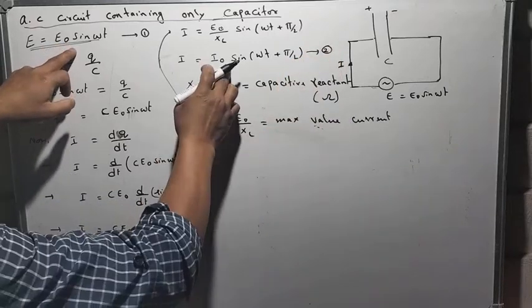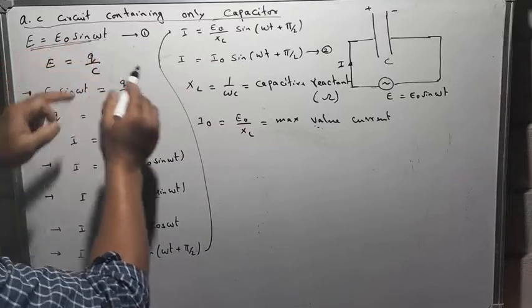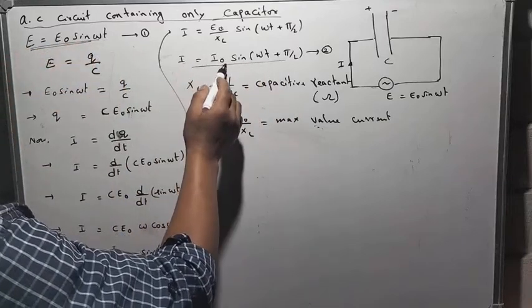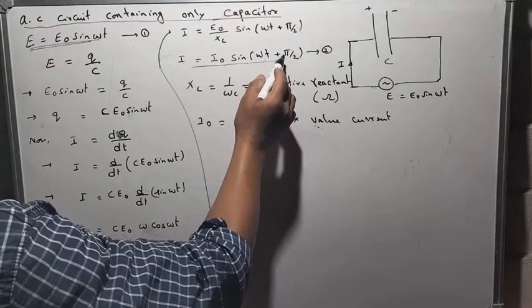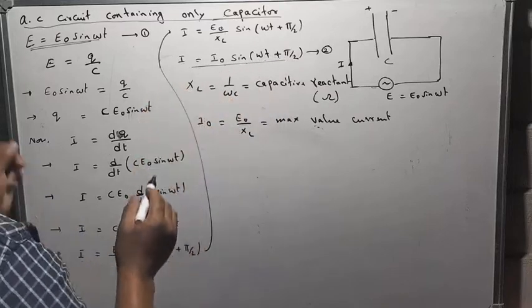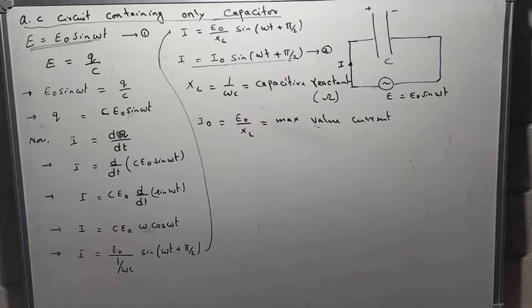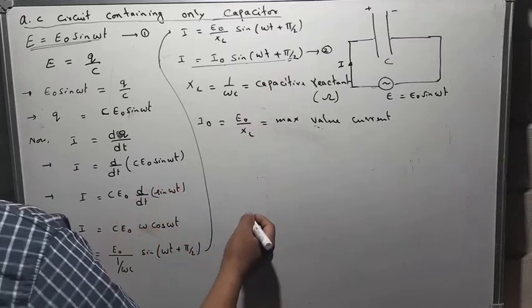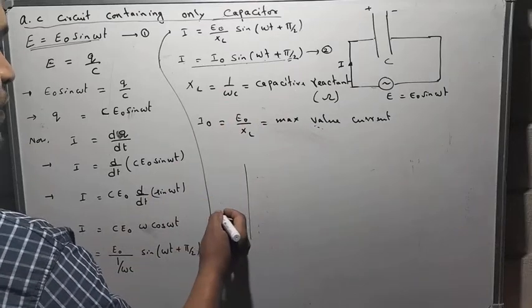You find that E equals E naught sine omega t, whereas I equals I naught sine omega t plus pi by 2. Because of this plus pi by 2, it means the current leads the EMF by an angle pi by 2.